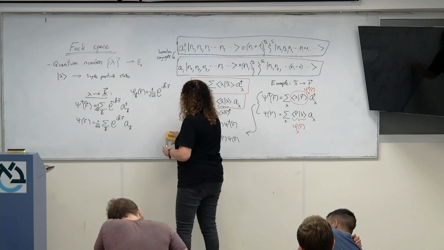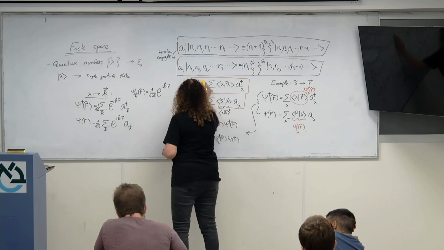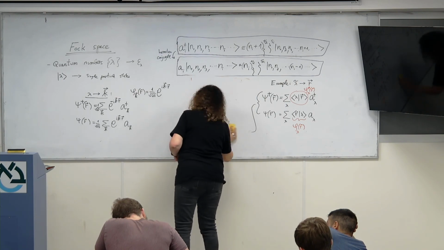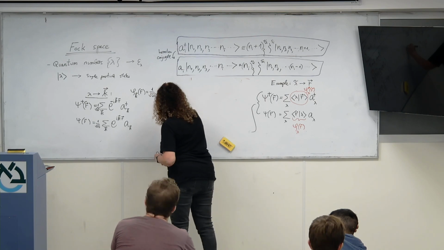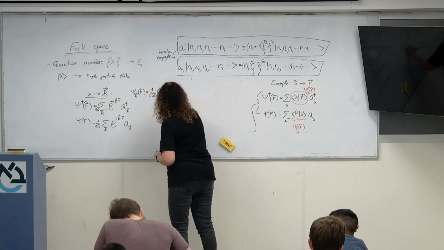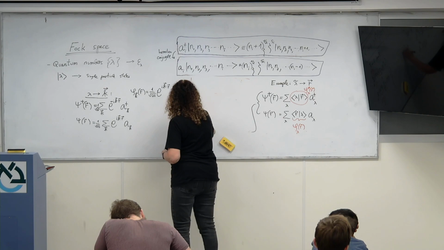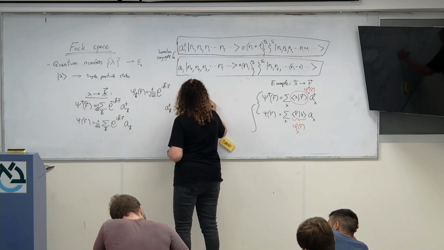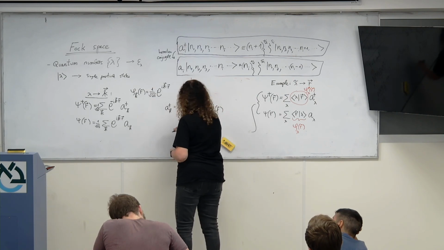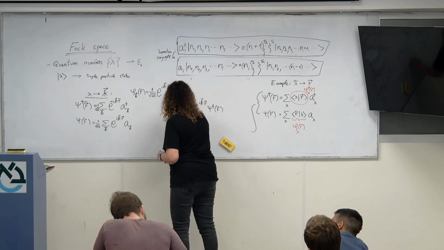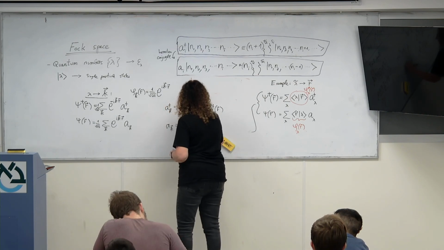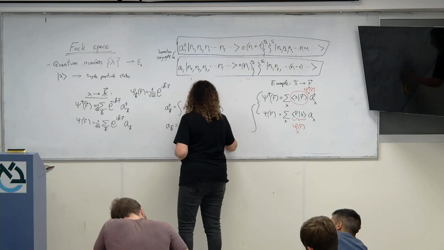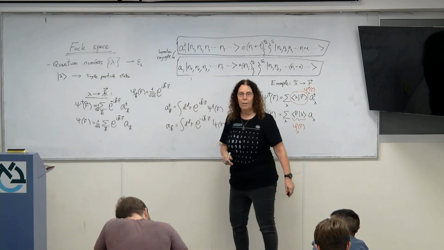And the inverse of that is that we can express a k dagger as an integral dr e to the i k dot r of psi dagger r, and a k is its Hermitian conjugate, which is an integral e to the minus i k dot r psi. So either way is good.